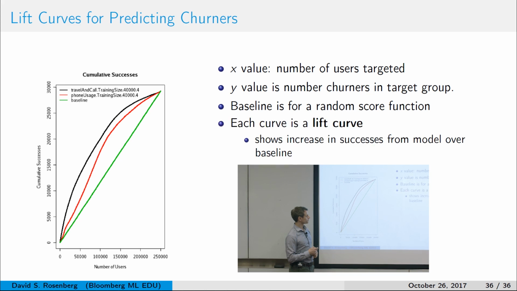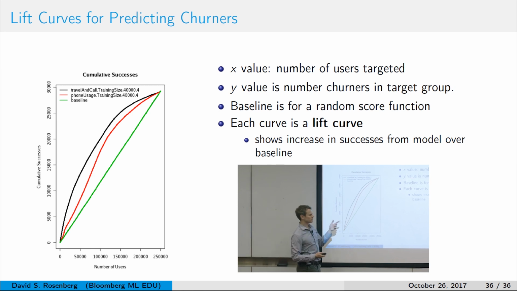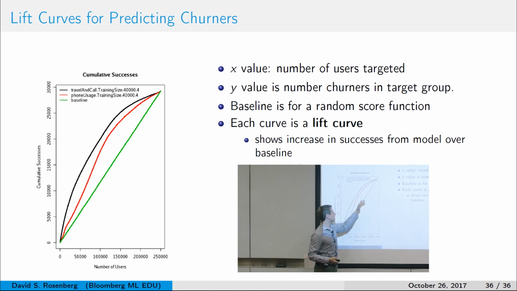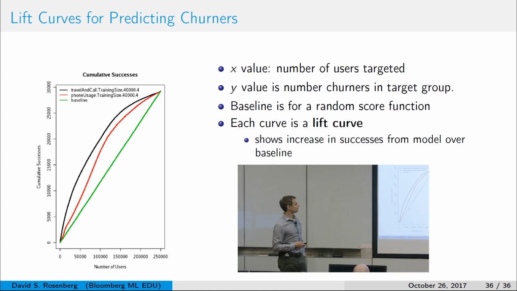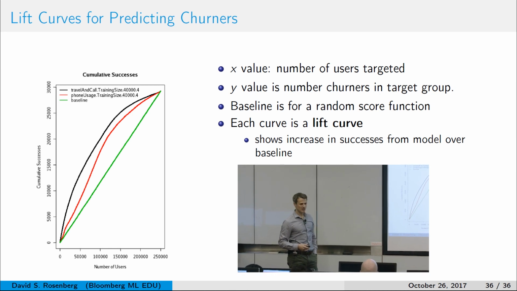All right. This diagonal line is the baseline, where you give everyone a random score. Similar to ROC, you can see that's just going to go in a straight line from the bottom left to the maximum top right. All right, that's all we have to say for today on this performance evaluation.